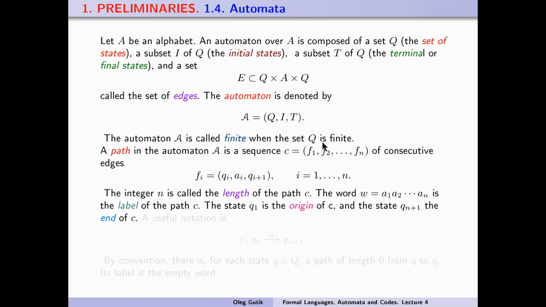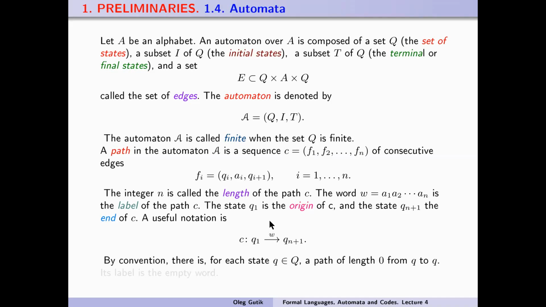Here we have f1, these edges, f1 equals (q1, a1, q2). The usual notation is the following. We have this path c from q1 to qn+1 with the word w.